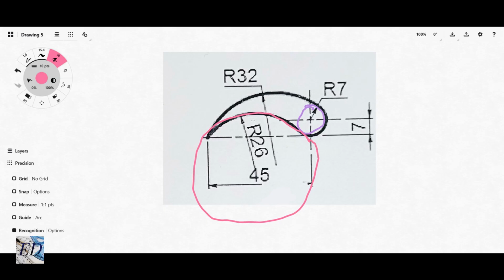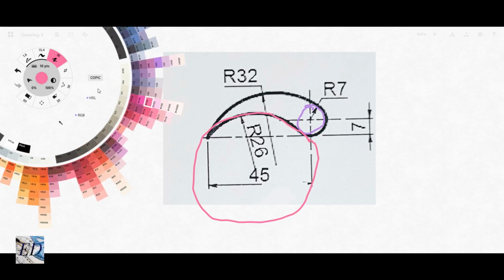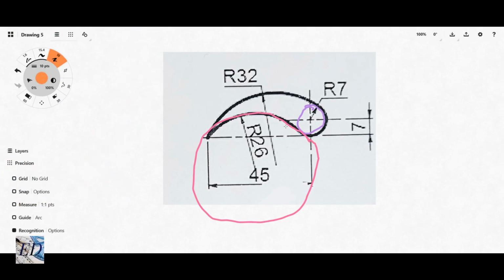And then we have another one here with radius 32.